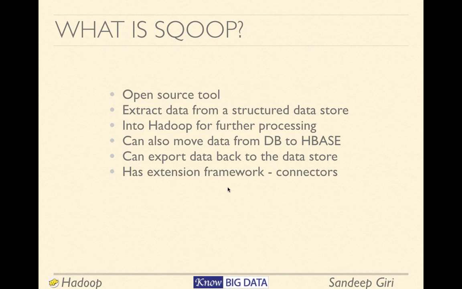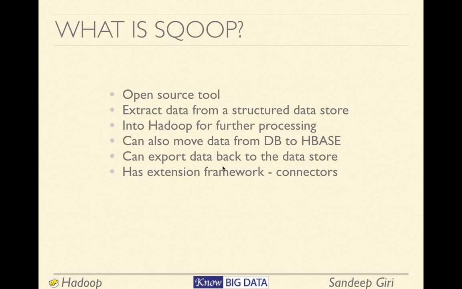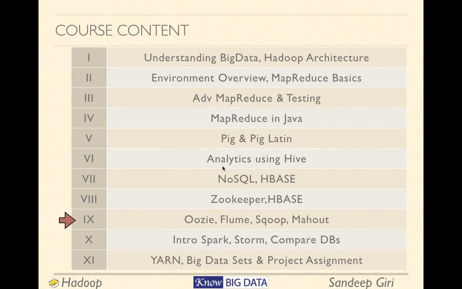So what exactly is Scoop? Scoop is a tool. Today we are going to talk about multiple tools. First one is Scoop. Scoop basically helps you extract data from a structured data store into Hadoop for further processing.